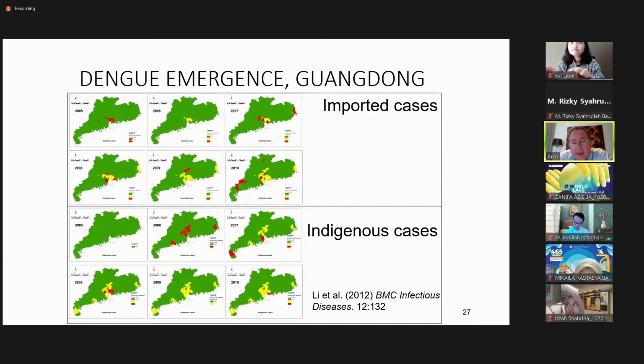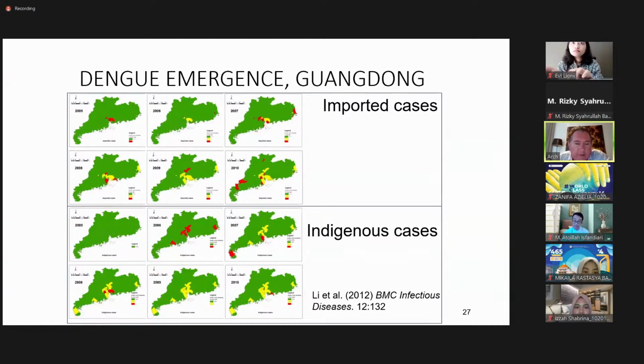So here, this is again more data visualization, but it demonstrates the notion of disease clustering. We have an epidemic of dengue in Guangdong province in the south of China. The map is Guangdong province, and the red and yellow areas are counties, or they might be townships.